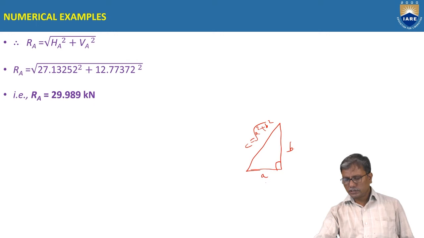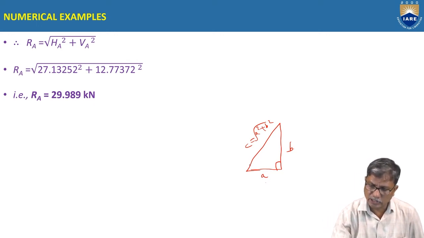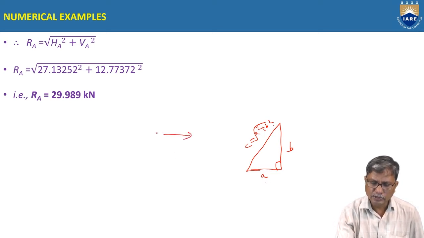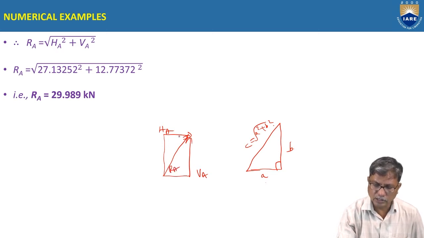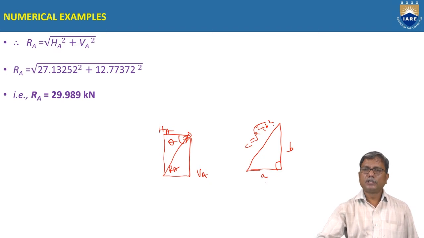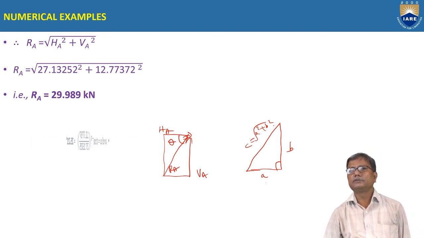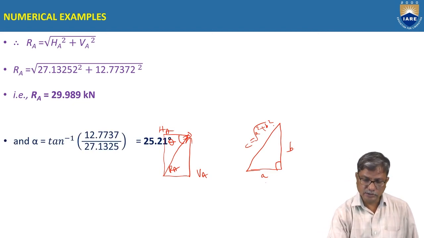And what is the inclination of RA with horizontal? Here we have HA and VA. So the reaction RA will be acting along the diagonal of this rectangle, and the inclination is given by this equation. Here alpha we are calling it, not theta.